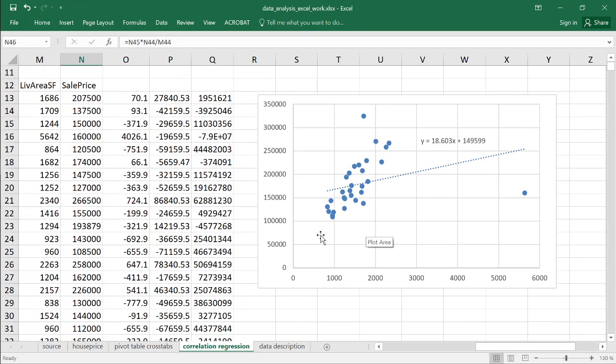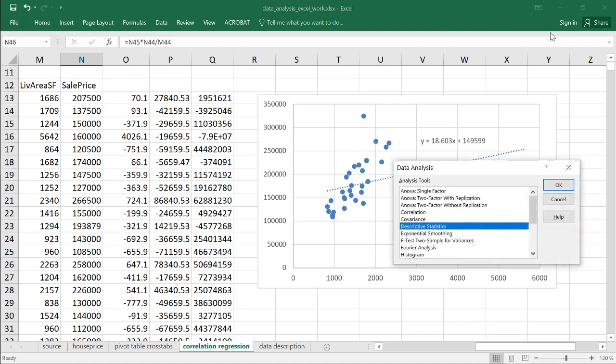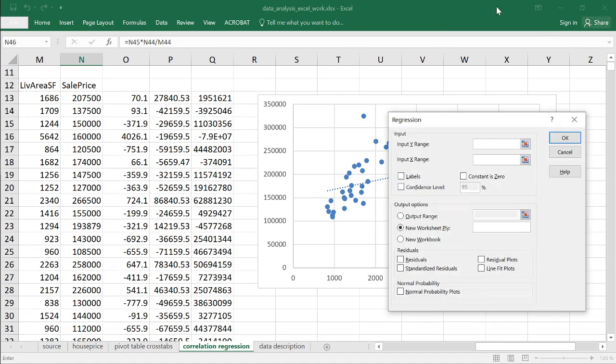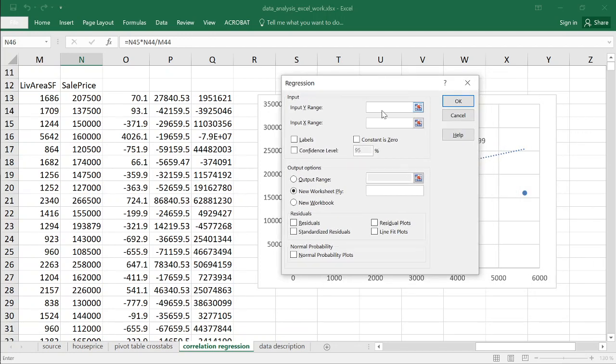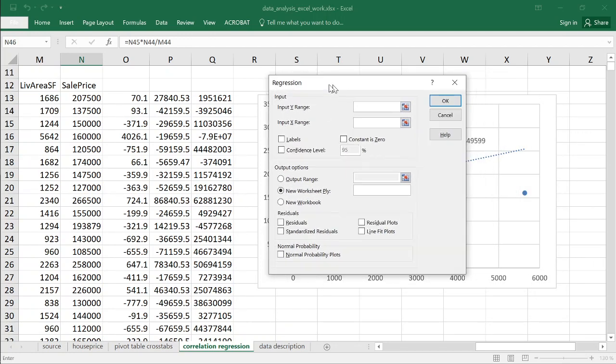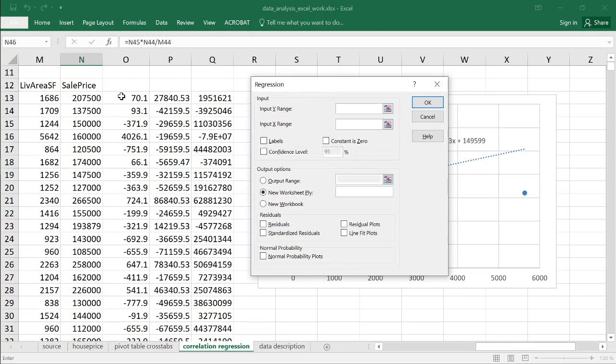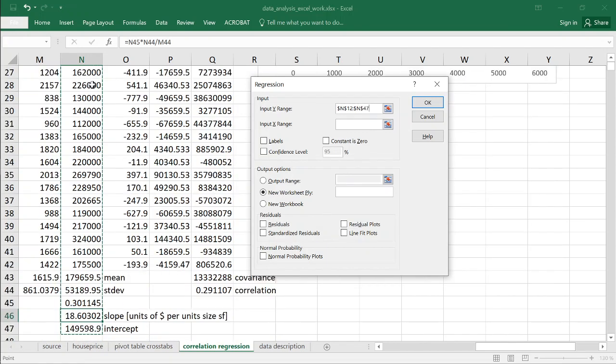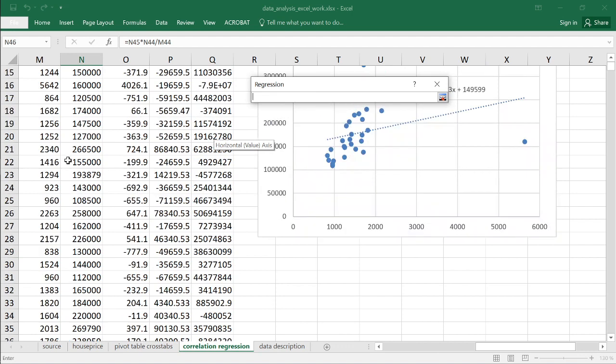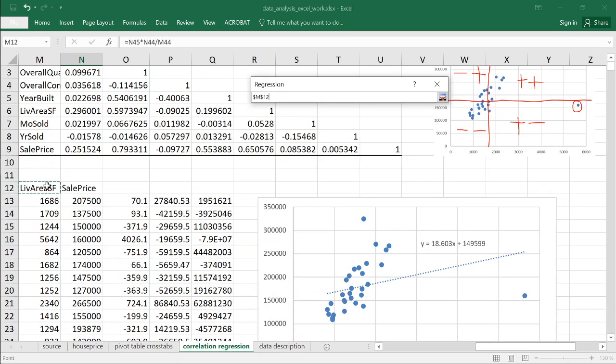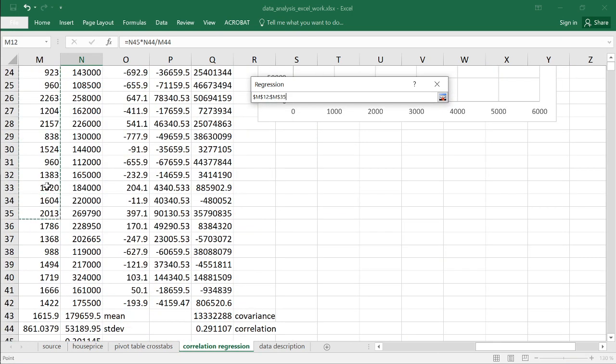The other way would be based on the data analysis add-in. For that purpose, we choose data analysis, we choose regression, we define the input range for y, and at that point we have to make up our mind what is the so-called dependent variable, usually called the y variable. Now we would like to say something about the sales price, so that's the y variable, and we're using the living area as a so-called x variable or explanatory variable.